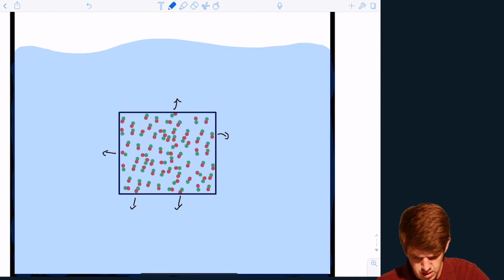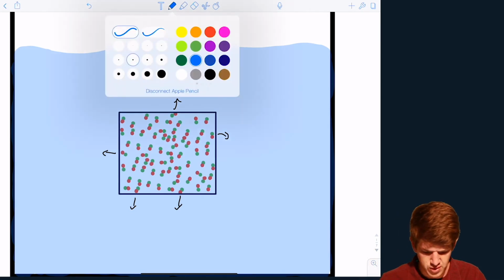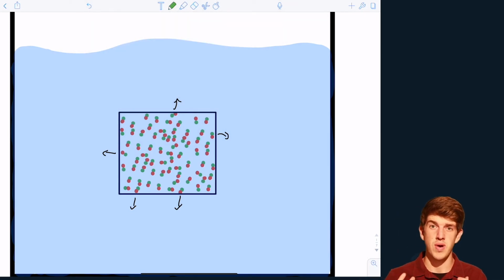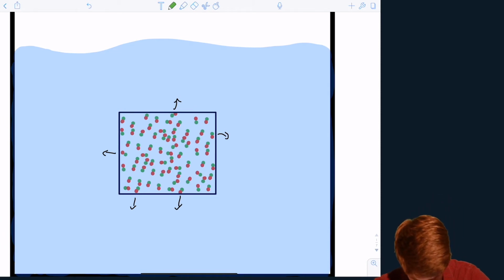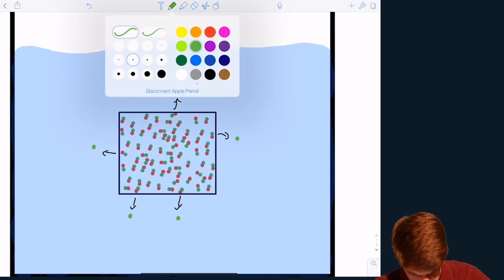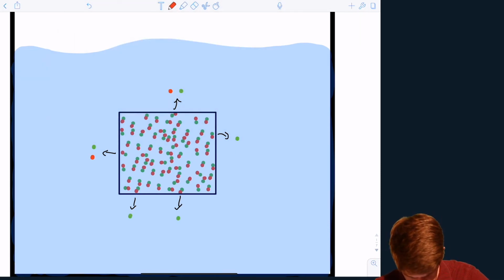For every one of my NaCl solids, when it dissociates, it'll produce one Na+ and one Cl-.